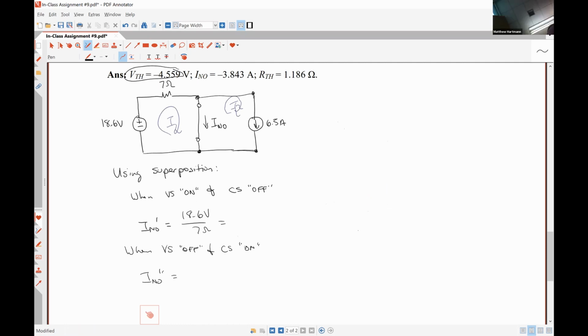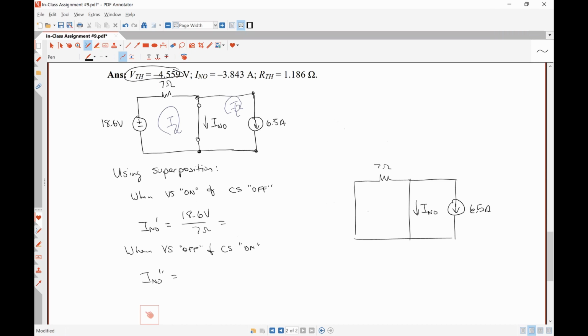We have a short circuit, a 7 ohm resistor, the short circuit, a 6.5 amp source, and we are trying to find this current. Isn't it just 6.5 or negative 6.5? Negative 6.5, exactly right. All the current from our current source will flow through the short circuit between our terminals there.